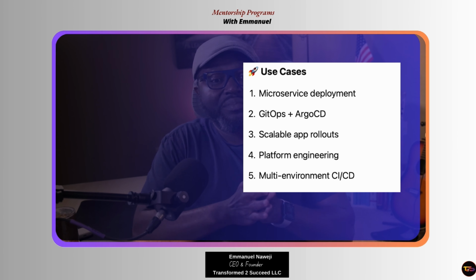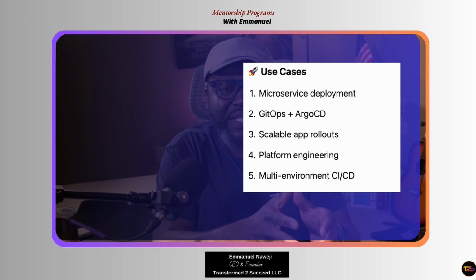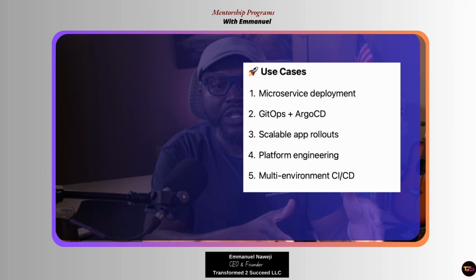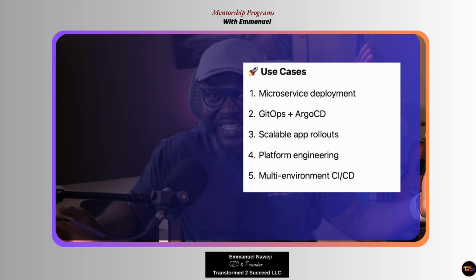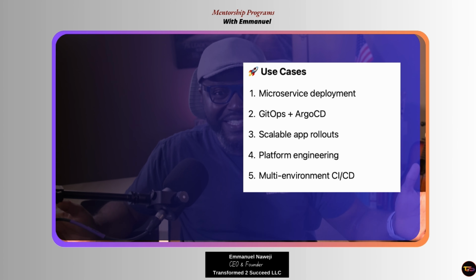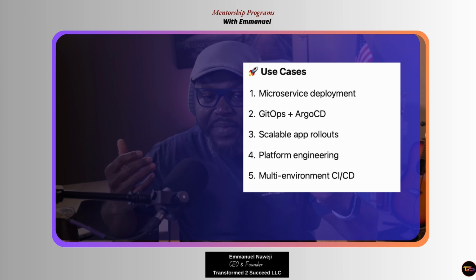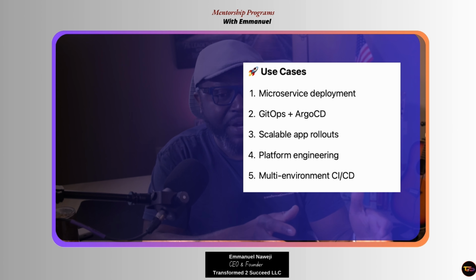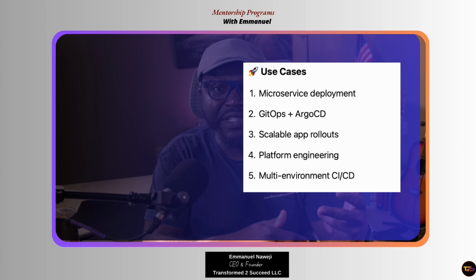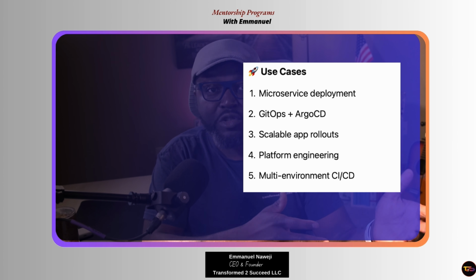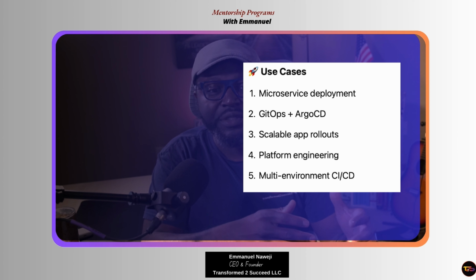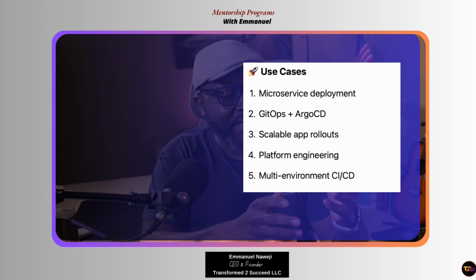Now, the use cases of this tool include so many, but five that I can share from the top of my head are: microservice deployment, meaning you can containerize your application using Docker and orchestrate it using Kubernetes.